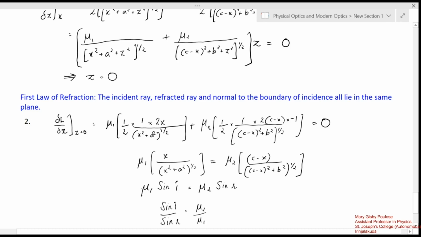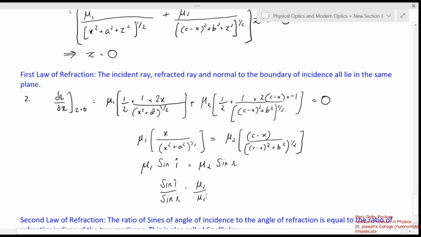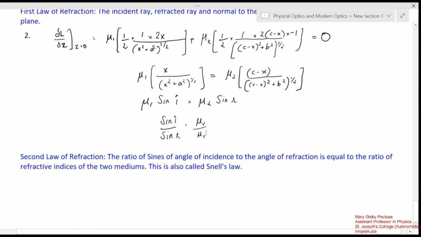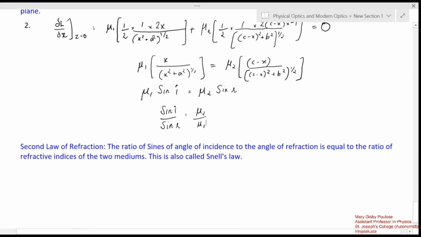And this is the second law of refraction, where it is stated as the ratio of the sines of the angle of incidence to the angle of refraction is equal to the ratio of refractive indices of the two mediums. This is also called Snell's law. That's all for today. Thank you.